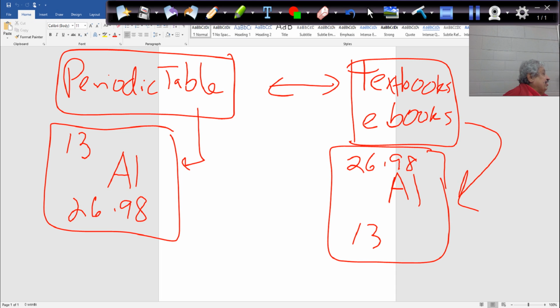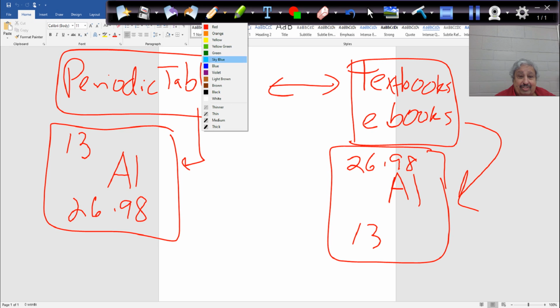The main thing is that the biggest number is the atomic mass, or mass number, and the smallest one is the atomic number. So I'm going with the periodic table. You have it there. It does not really matter which we are looking at. It's the same thing.